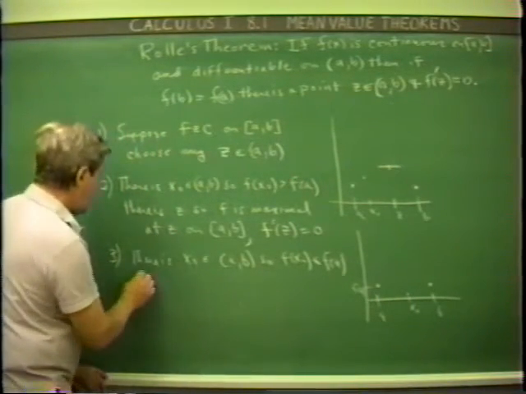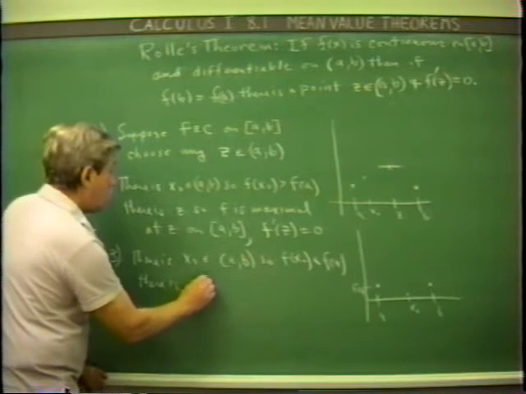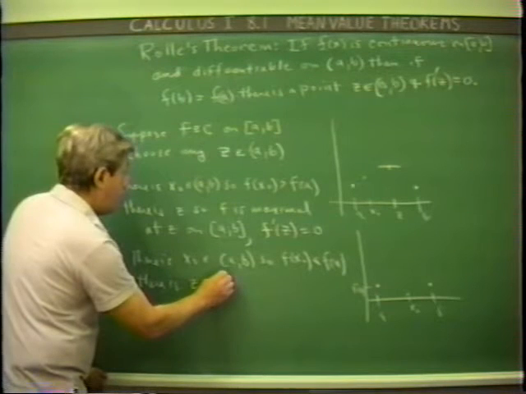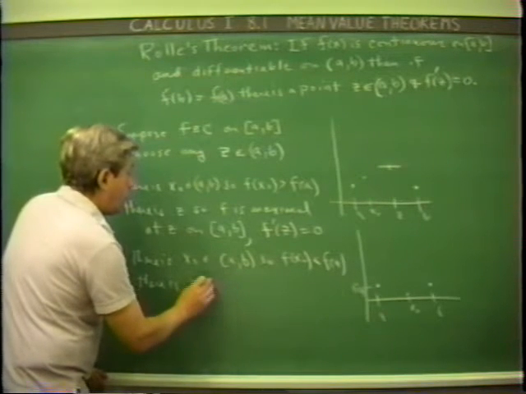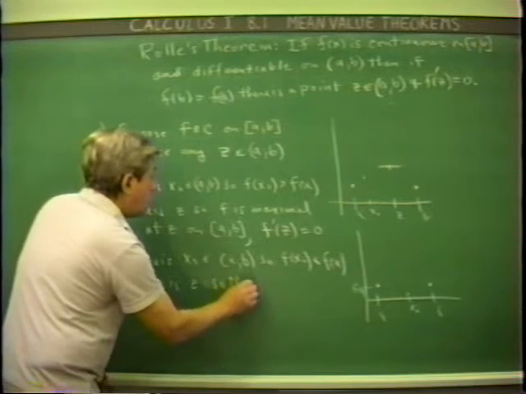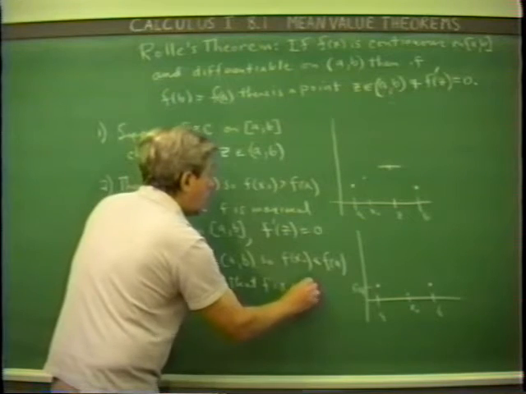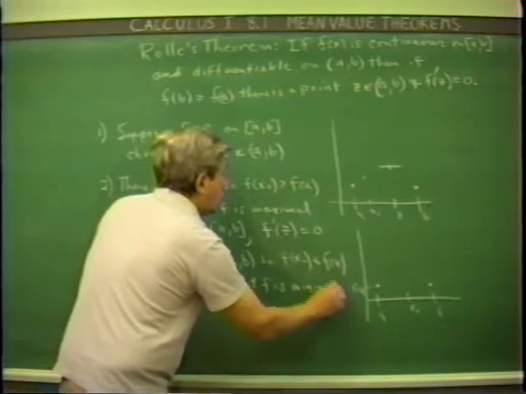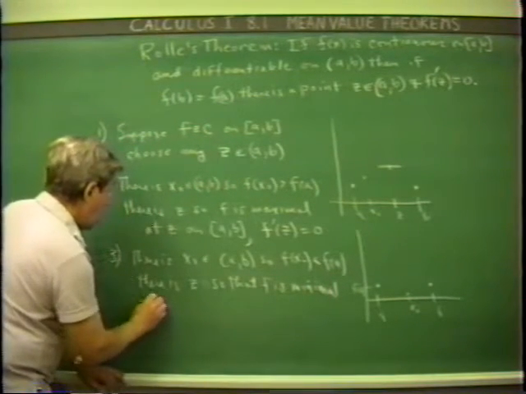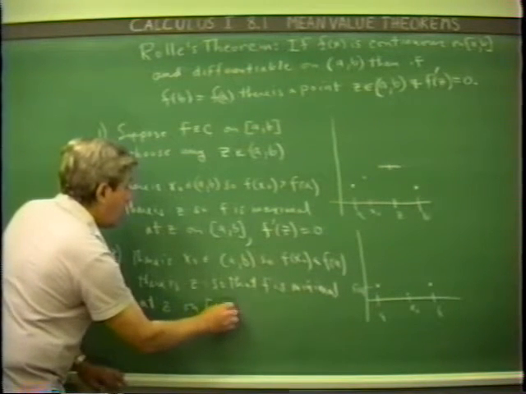Well then, there's a point z in the open interval AB. Well, it will eventually be in the open interval AB, but so that f is minimal at z on the closed interval a to b.